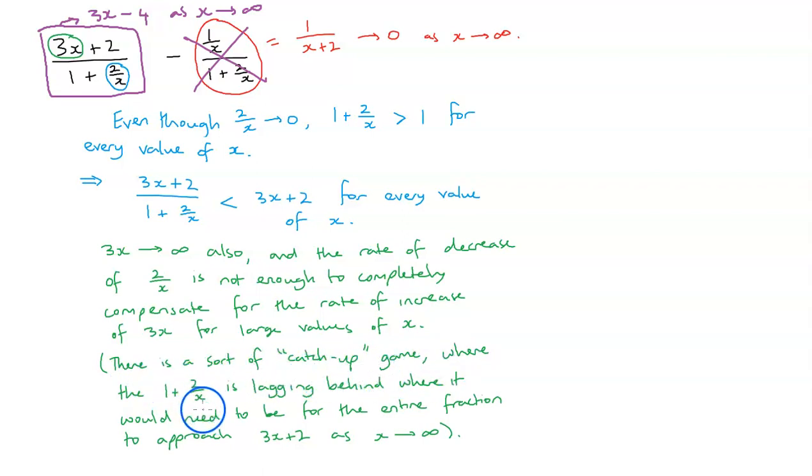So the 1 plus 2 over x is lagging behind where it would need to be before the entire fraction can approach 3x plus 2 as x tends to infinity. So the one on the bottom is always kind of too much bigger than 1 for where it would need to be at each particular value of x, considering the fact that 3x is going towards infinity before this entire fraction could approach 3x plus 2 as x got larger and larger.